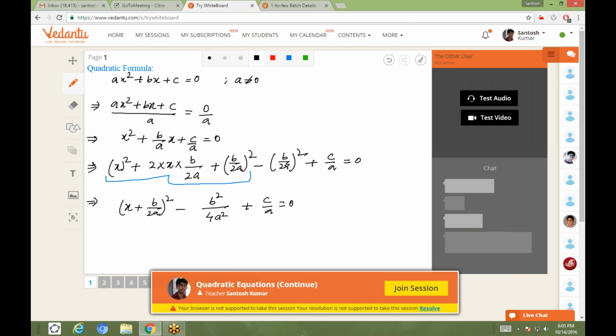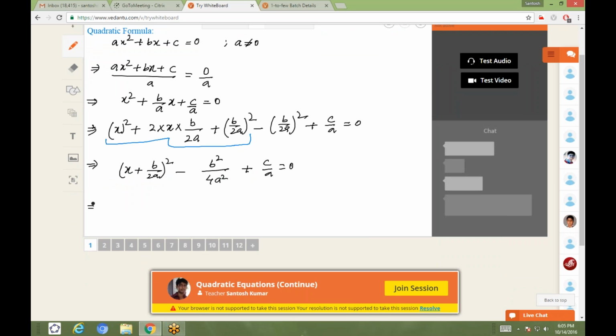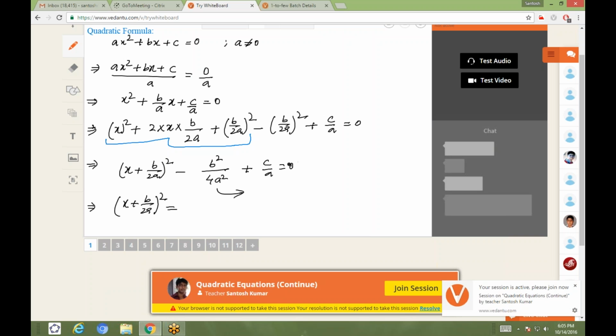Yes, sir. Next here, this is x plus b by 2a whole square. So we'll just do transposition. So this will be b square by 4a square minus c by a. Now let's take LCM. So this will be 4a square, b square minus 4ac. Correct?